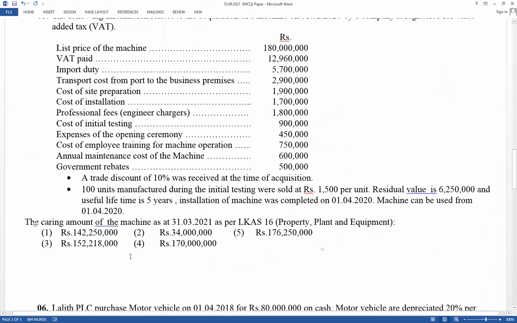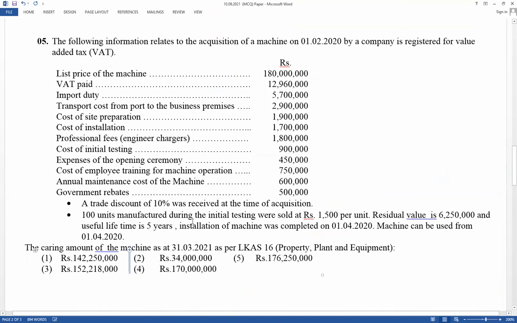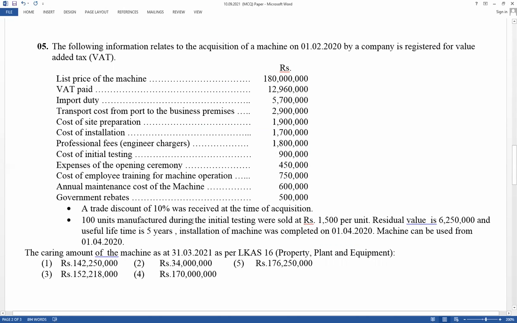Very important from the beginning, you have to know how to calculate the cost value of property, plant, equipment, as well as how to calculate depreciation and carrying amounts.